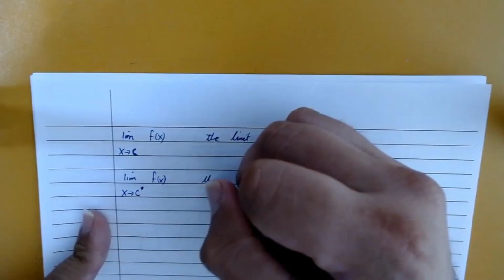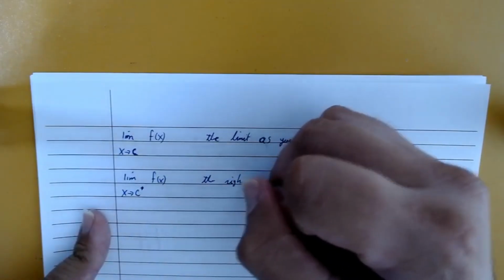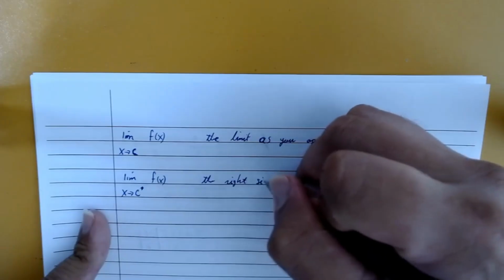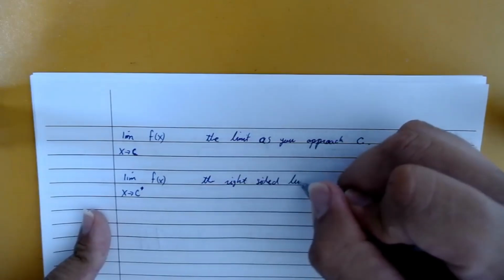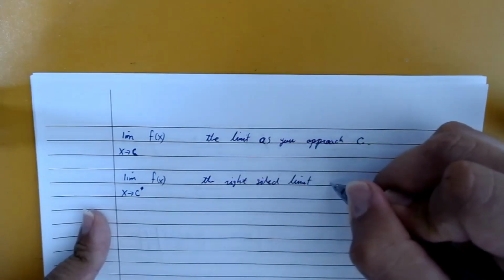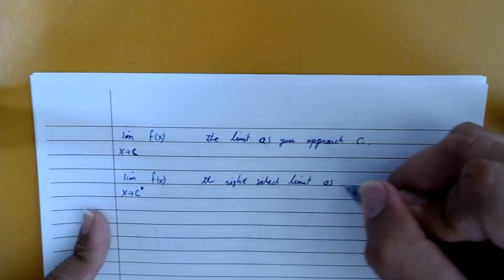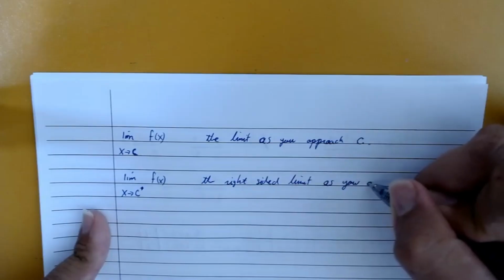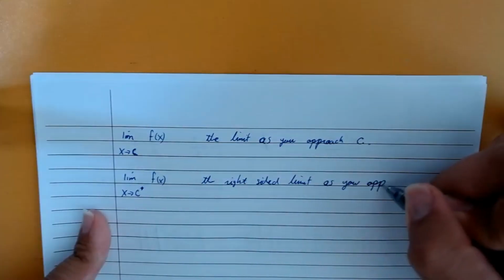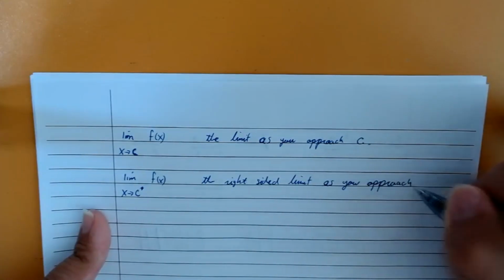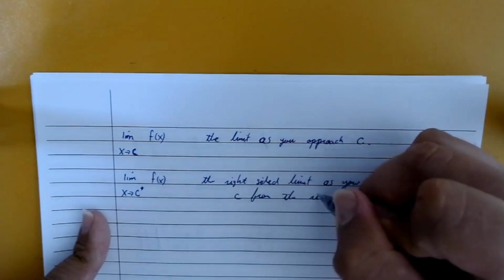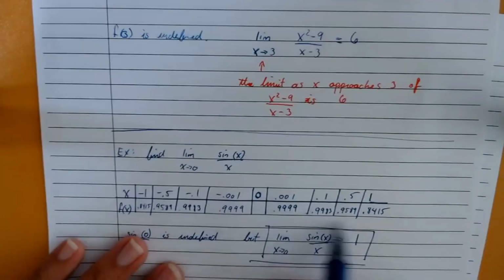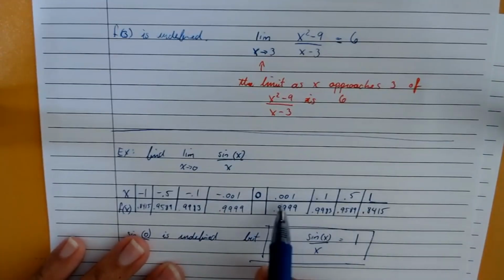This is read as the right-sided limit, meaning the limit from the right, as you approach c from the right. So that would be this side over here, when you're coming in from numbers that are bigger.